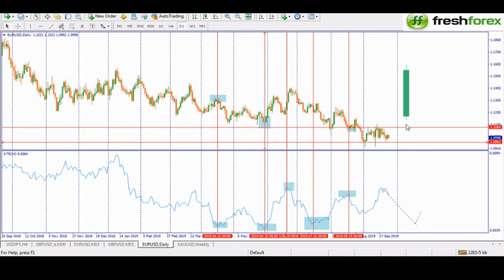So assuming this candle here has already done something like 72 pips, and you know very well that on average it should be doing like 64 pips, then that means we've gone way beyond what we're supposed to do in a day.